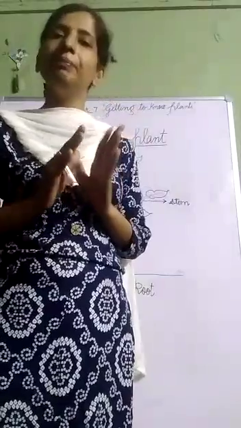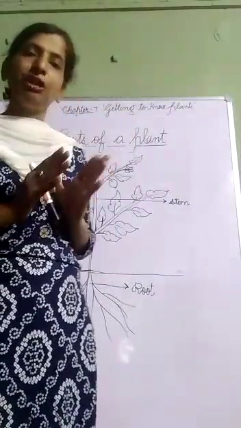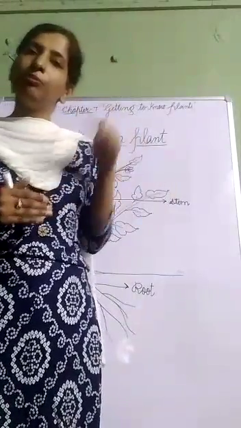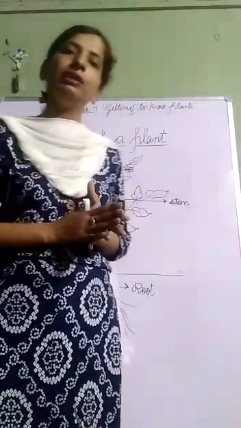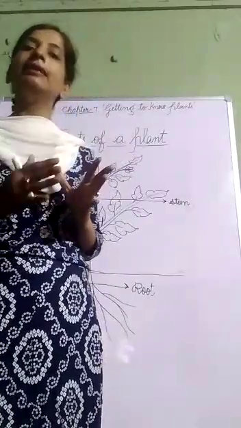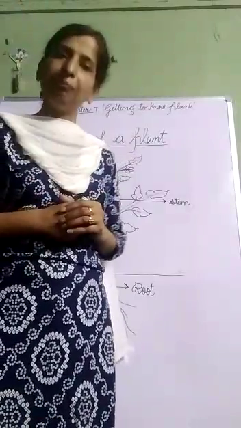Transpiration is a very important function which is performed by leaves. Due to this transpiration, water which is conducted by stem from root to all parts of the plant moves up just because of the transpiration. Because transpiration results in a suction pull, a pull that brings the water upward.